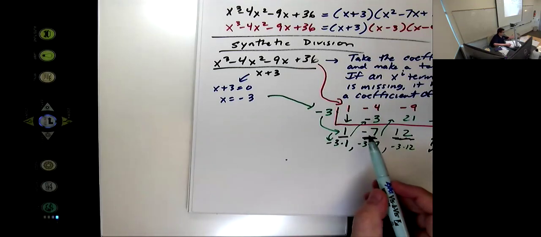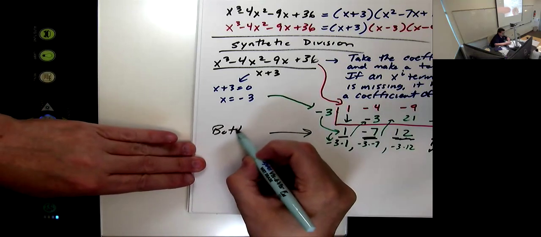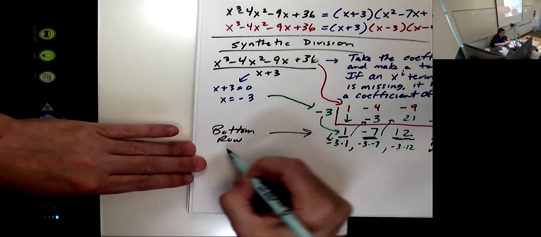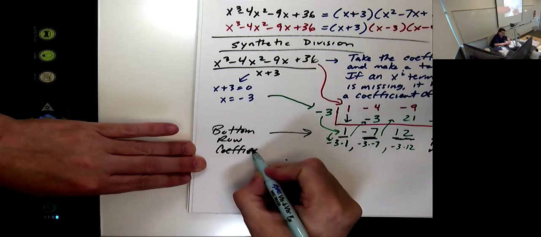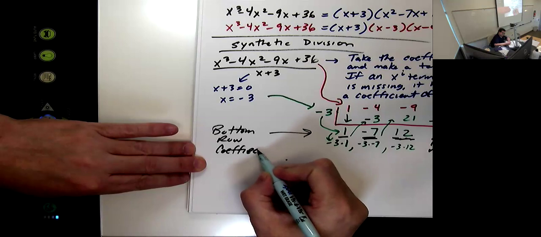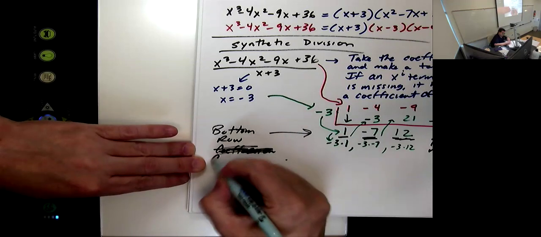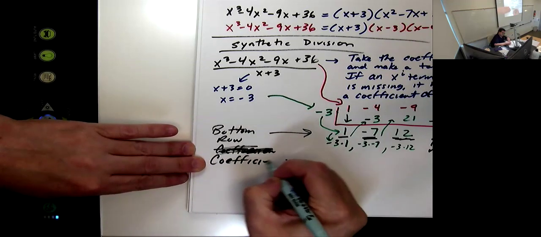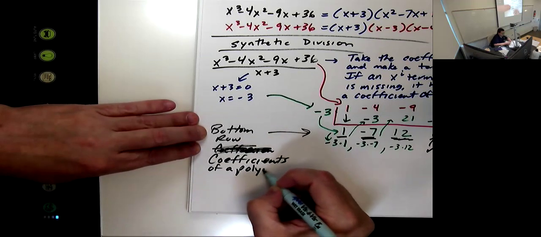So this bottom row, after doing this process, is the coefficients. Coefficients of a polynomial 1 degree smaller.